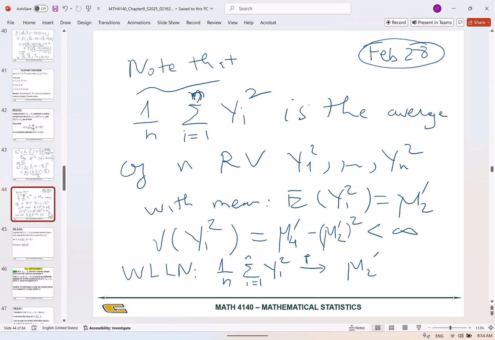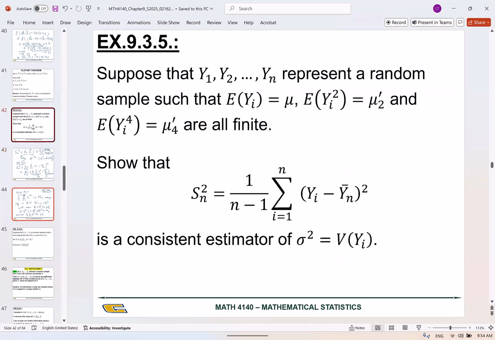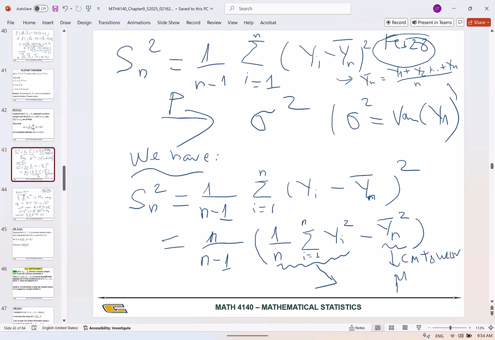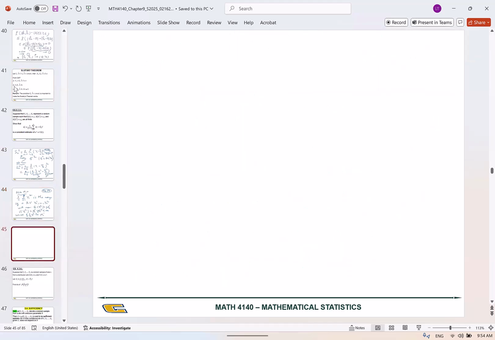And because of the continuous mapping theorem, the CMT, and the weak law of large numbers, we know this guy goes to mu square, right? So this guy goes to mu square already. So which means the two of them together give us something. Oh, almost out of time here.